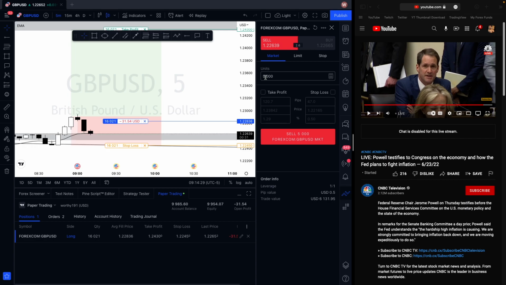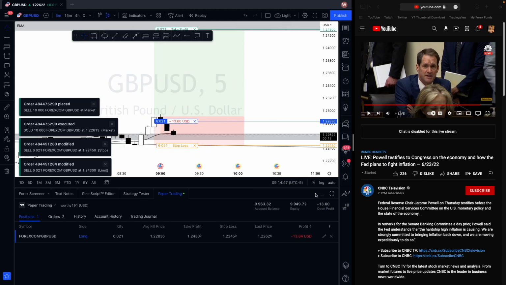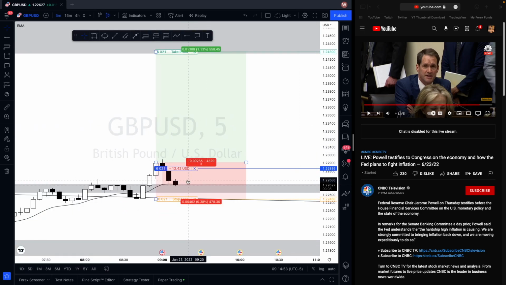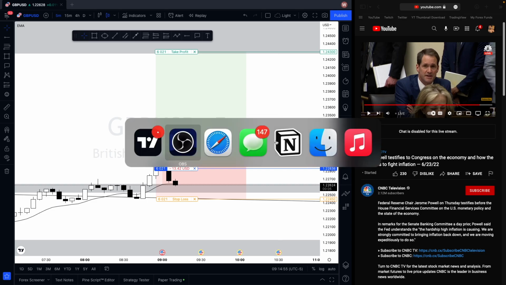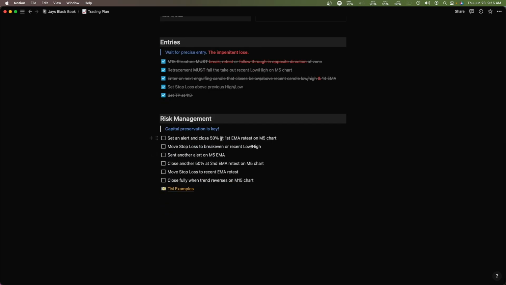Wow. That was smart. All right, so I just closed half. As far as our risk management: close at first, move the stop loss to break even, and it goes back up.